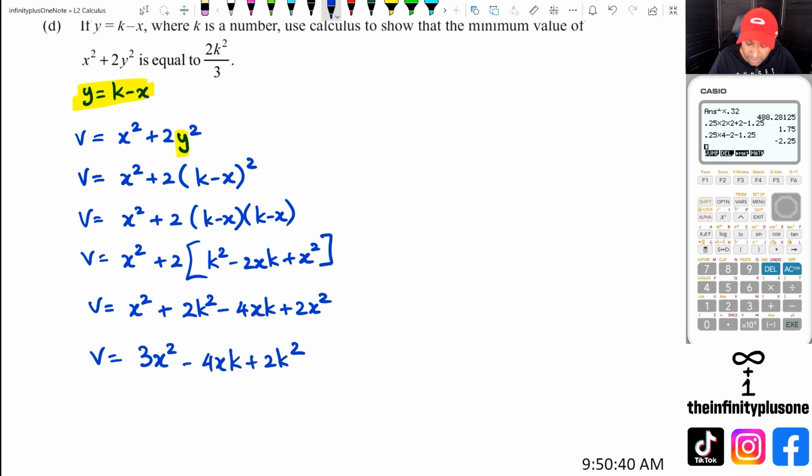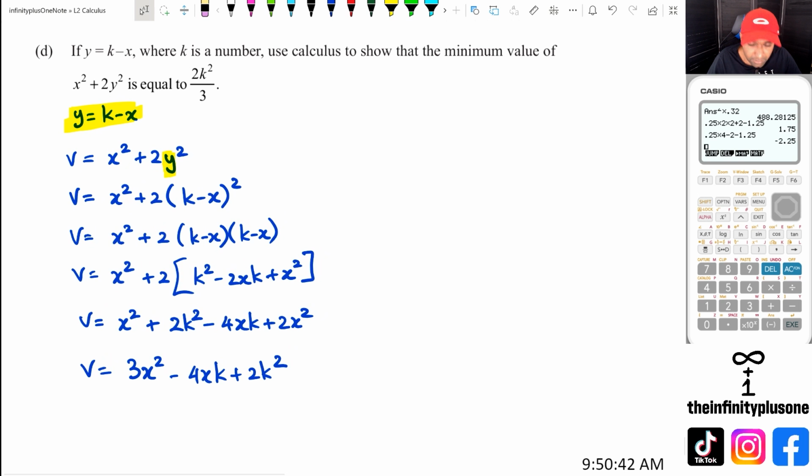Now we want to figure out the minimum value, so we're going to differentiate it. So v dash is equal to 3x squared differentiates to 6x, minus 4xk differentiates to minus 4k, and 2k squared, well, there's no x attached to it, so that's just going to become 0.